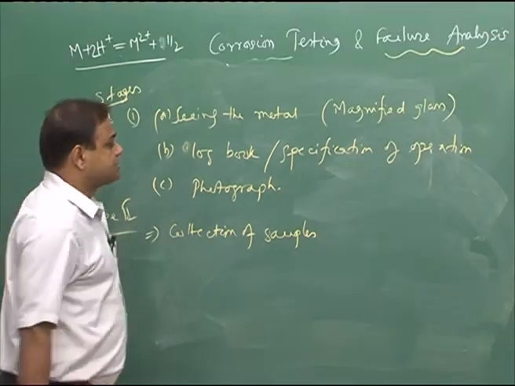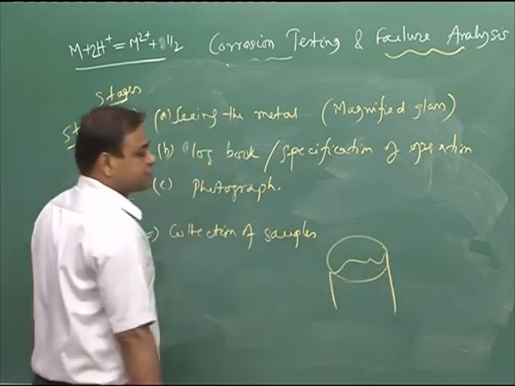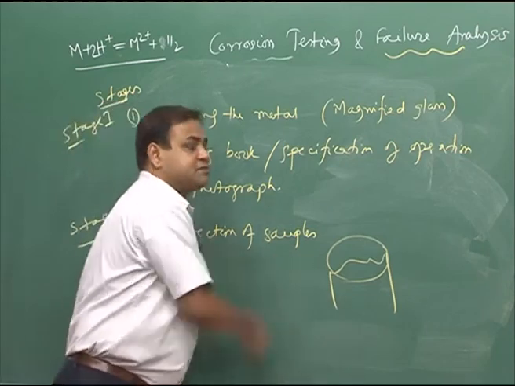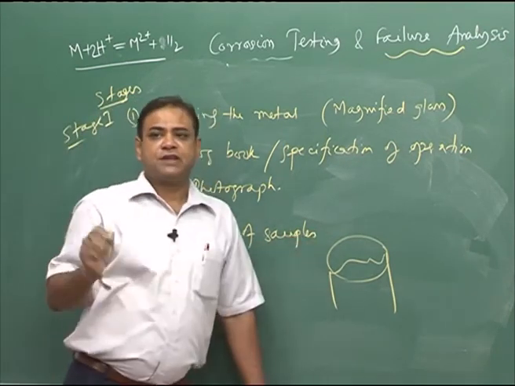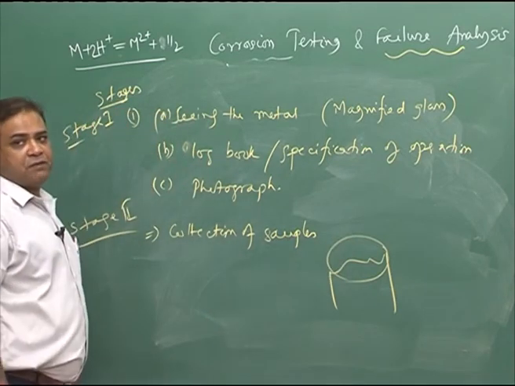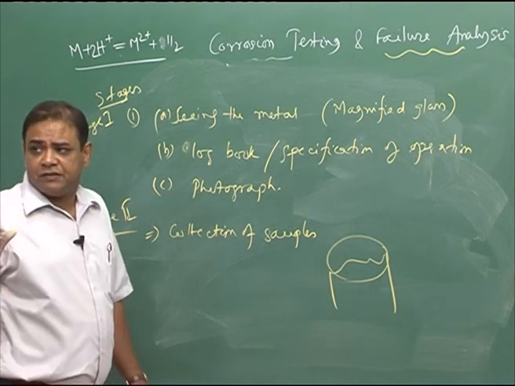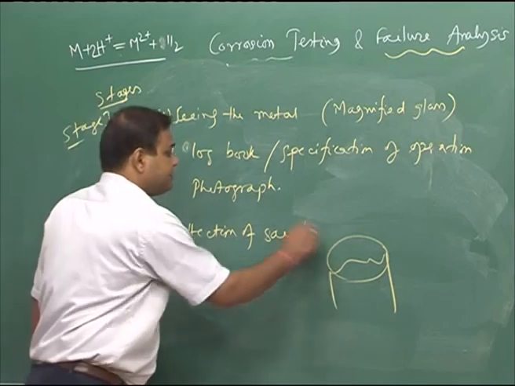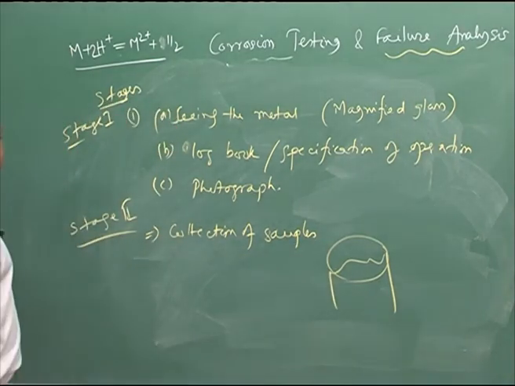At the same time, let us say a material is fractured like this, this is my fracture surface. Care should be taken that the fracture surface is not rubbed, so that the information is protected. When we go for microstructural observation of that fracture surface, it should not get damaged. So, this second stage is collection of samples.